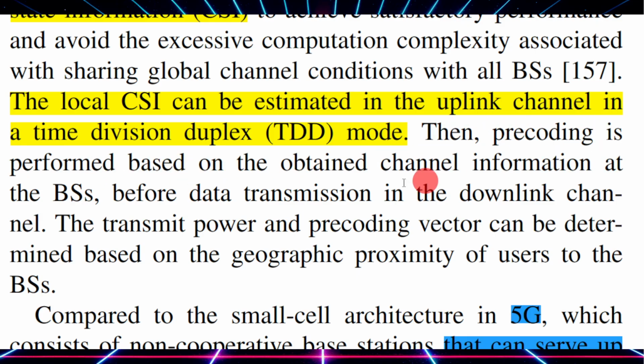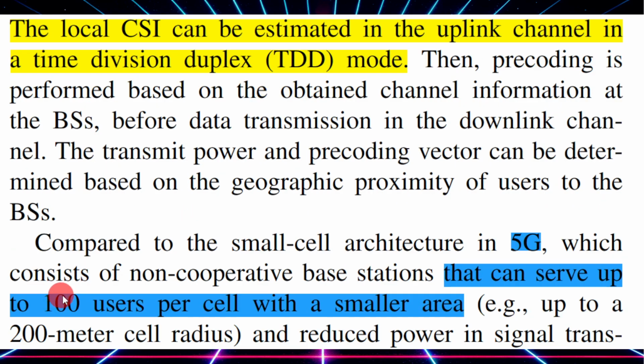Then, pre-coding is performed based on the obtained channel information at the base stations before data transmission in the downlink channel. The transmit power and pre-coding vector can be determined based on the geographic proximity of users to the base stations.